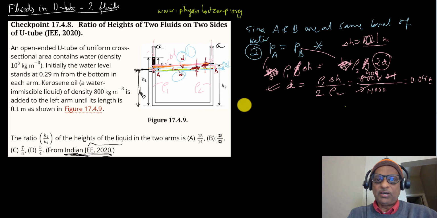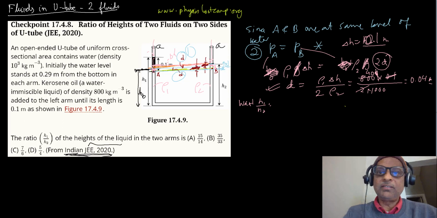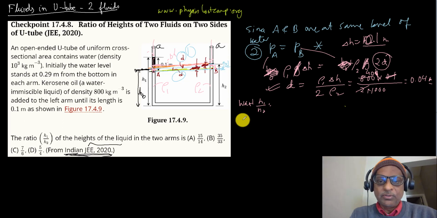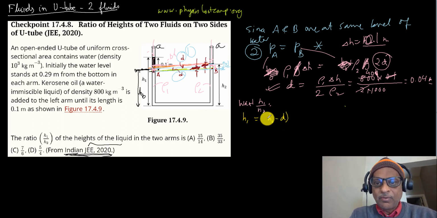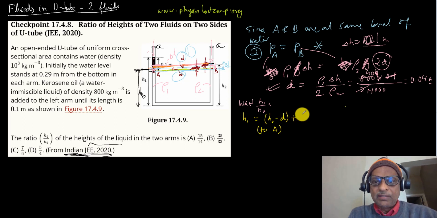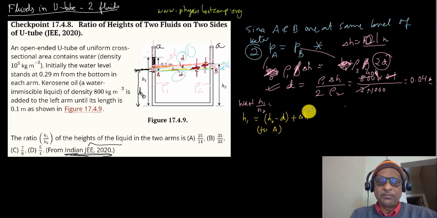Then our answer wants H1 over H2. So let's go to what H1 will be. H1 will be that height; I go to A and add up. So the height to A is H0 minus D. This is to A, and then I add delta H to that.